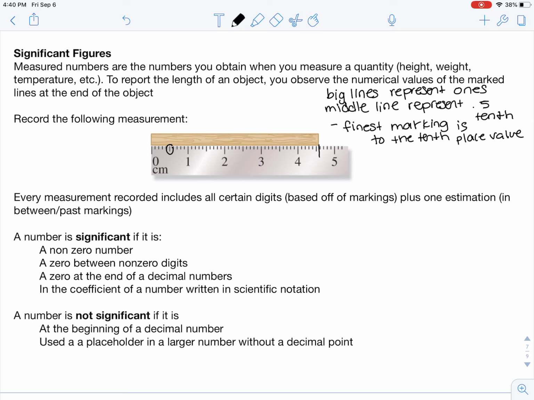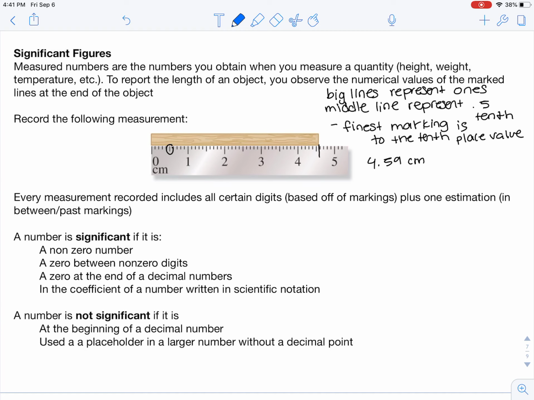So I would write here 4.5 or 4.6, but I don't think that if I write 4.5 or 4.6, I'm missing the fact that I don't think it's exactly at either of them. So I would say it's 4.59 centimeters. Now, somebody else may say 4.58 or 4.57, and that's where that last digit becomes an estimate.